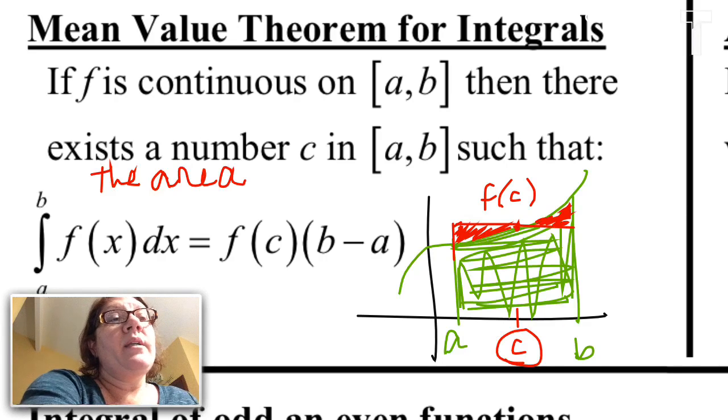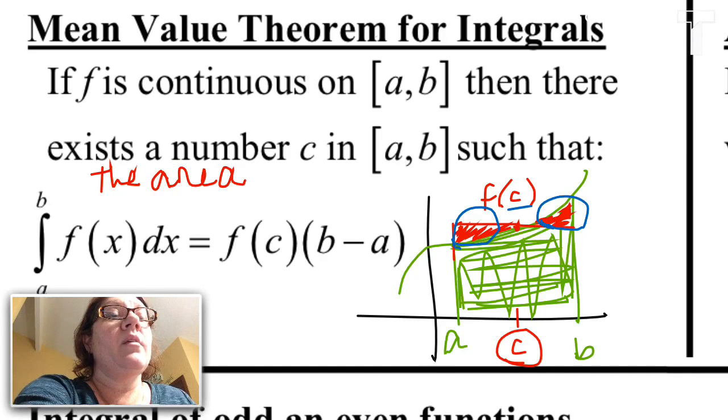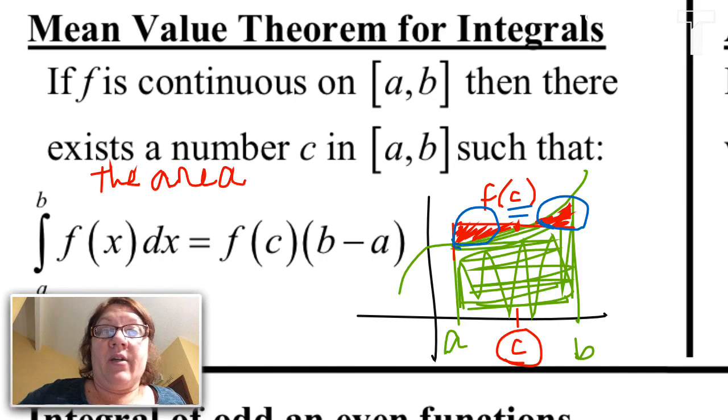well, keep in mind that I'd have a little bit too little on the left of f of c and a little bit too much on the right of f of c, and hopefully those would end up canceling each other out so that I get the actual area for the function.